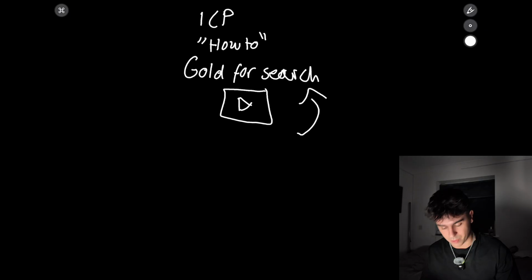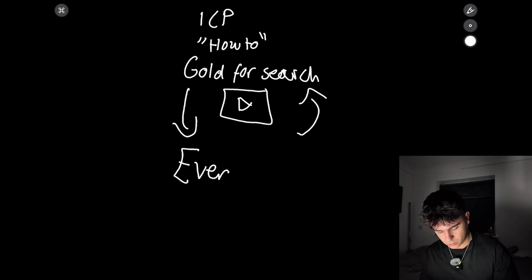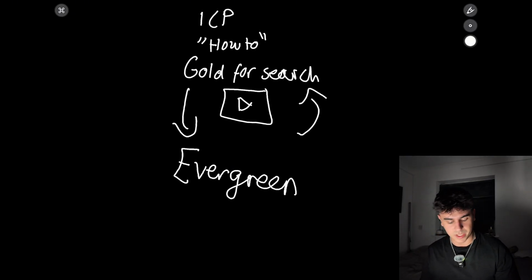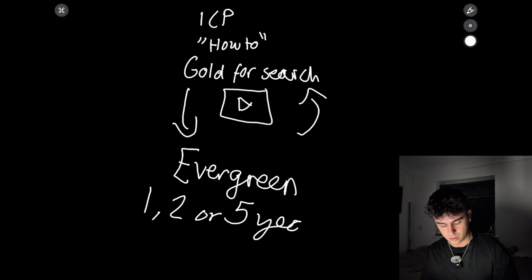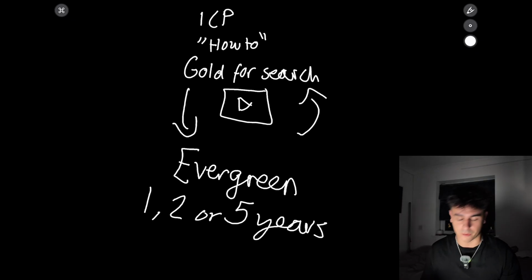Now, the second main benefit is that because people will be searching these videos every single day to try to find the answer, these videos are evergreen, which means in 1, in 2, or even 5 years, this video will still be generating hundreds of views every single day and starting your whole YouTube sales system.